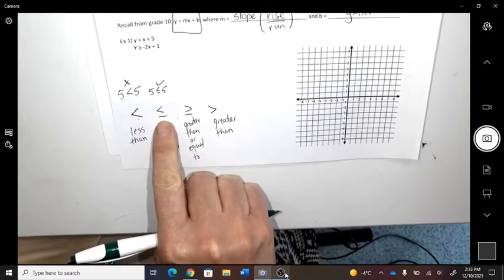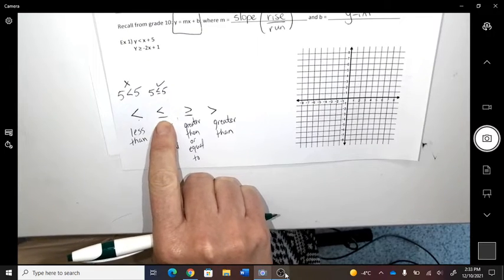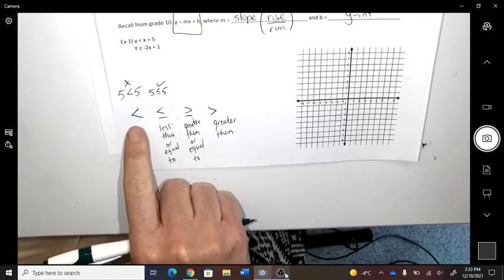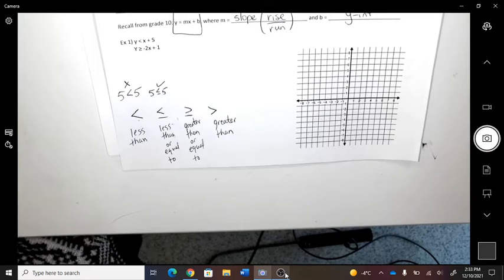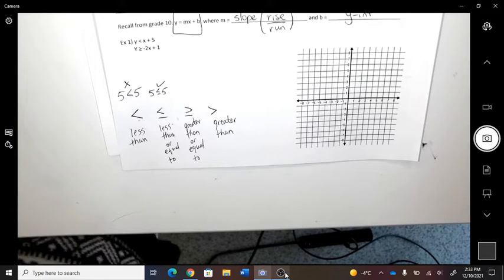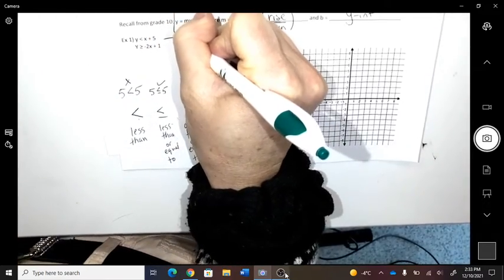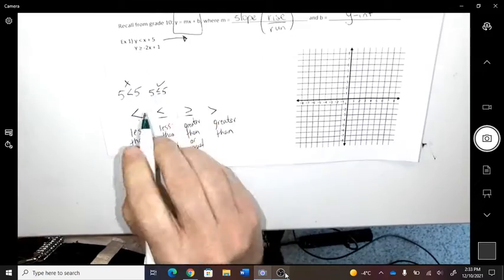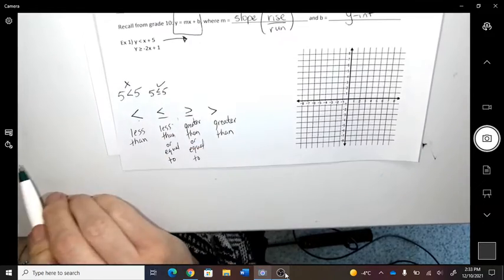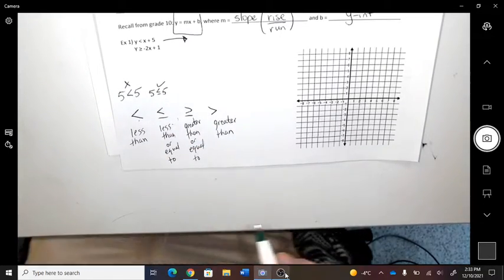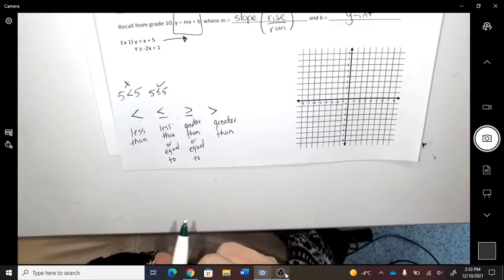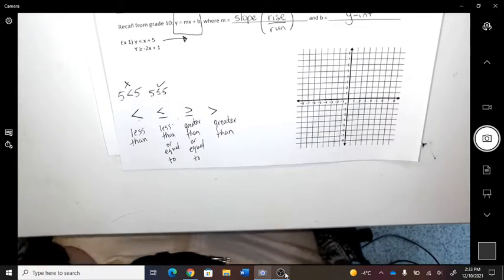This, you can be exactly, because you could be equal to something. Here, you are not allowed to be equal to something, right? 5 and 5, wouldn't it just be equal sign? You're less than or equal to 5. That's true. I'm just asking you if that's true or not. Okay, here we go. That's the background knowledge.